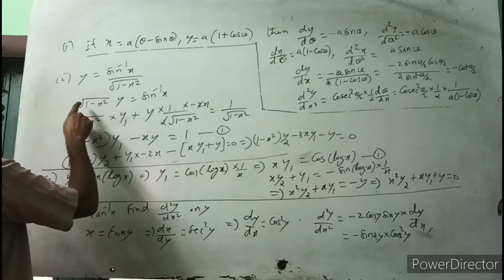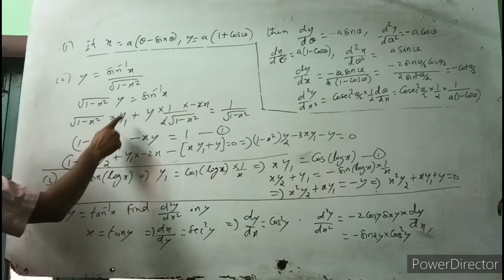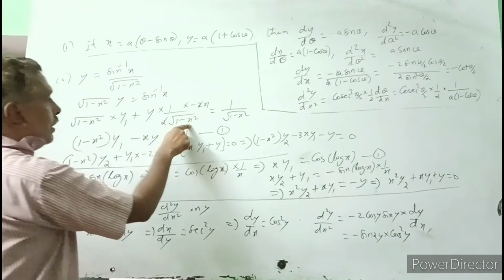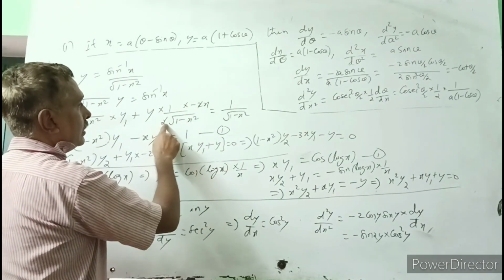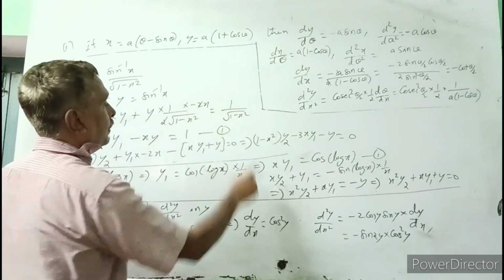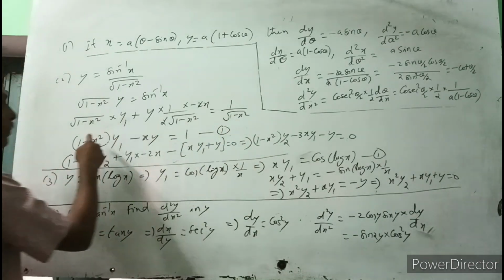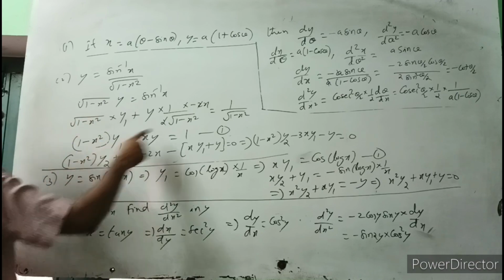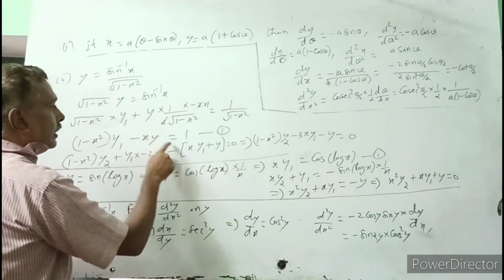So applying the product rule: root of 1 minus x square into y1, meaning dy by dx, plus y into the derivative of the root, which is 1 upon 2 root of 1 minus x square into the derivative of 1 minus x square, minus 2x, is equal to the derivative of sin inverse, which is 1 upon root of 1 minus x square. Cross multiplying, this root gets cancelled: 1 minus x square into y1, this root also gets cancelled, so it will come minus xy is equal to 1.